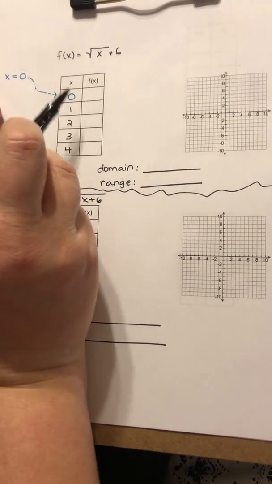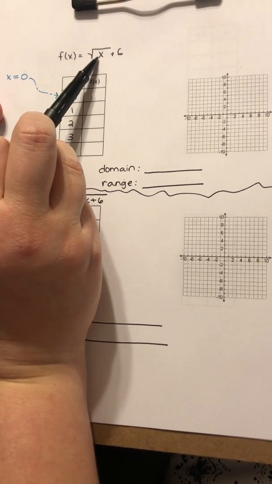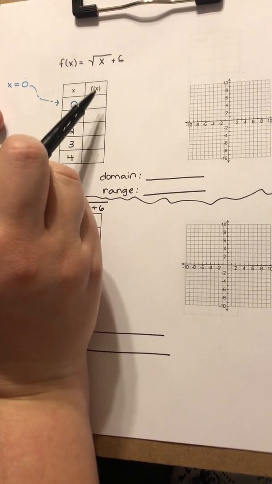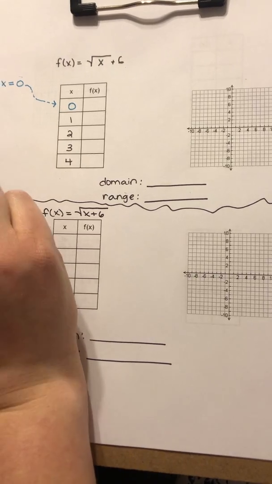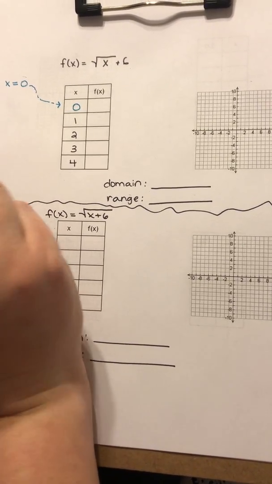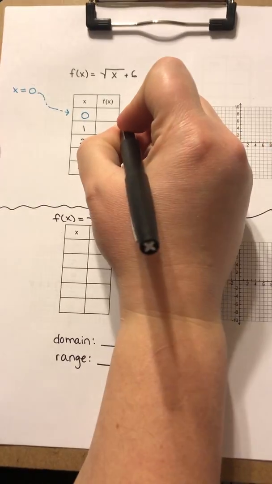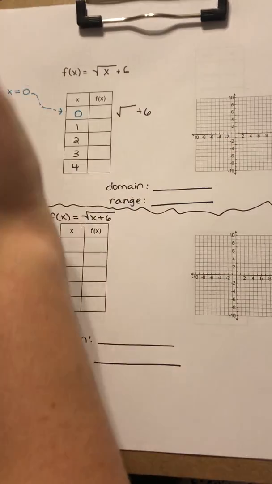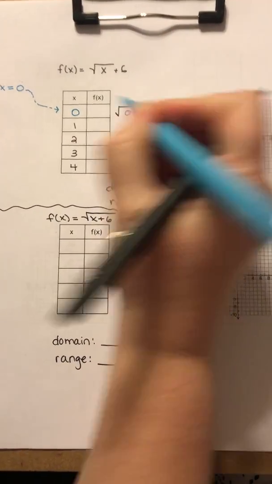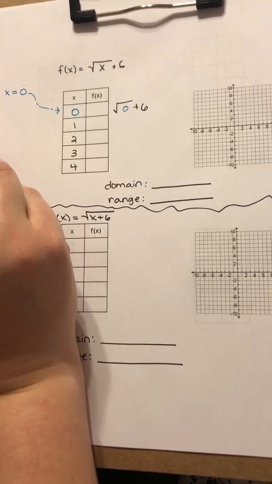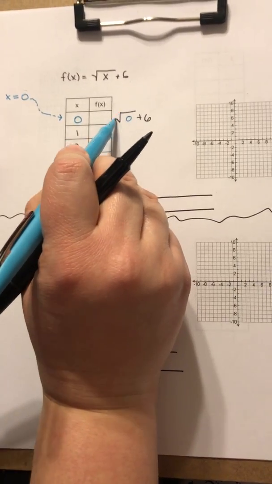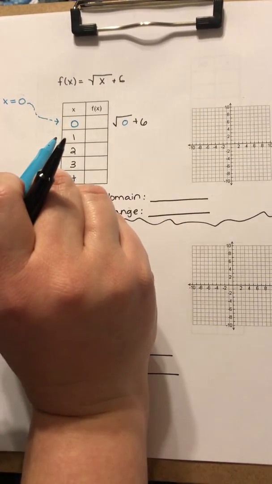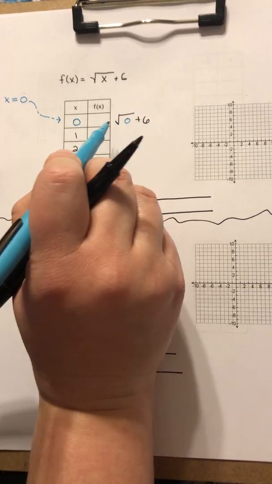Now, one at a time, I'm going to take these x values, plug them in for x up here in my equation, and find the corresponding y value. For the first one, I have the square root of 0 plus 6. Order of operations is really important on these problems. We have to evaluate the radical and then add the 6, because the 6 is outside.